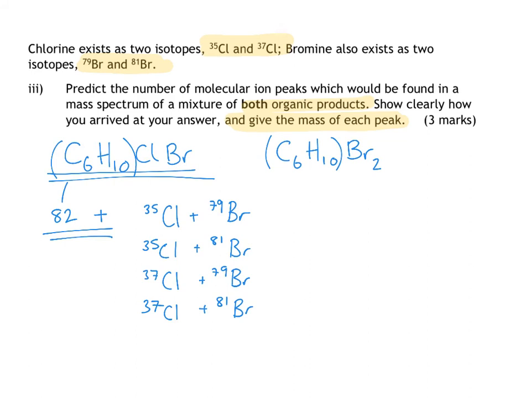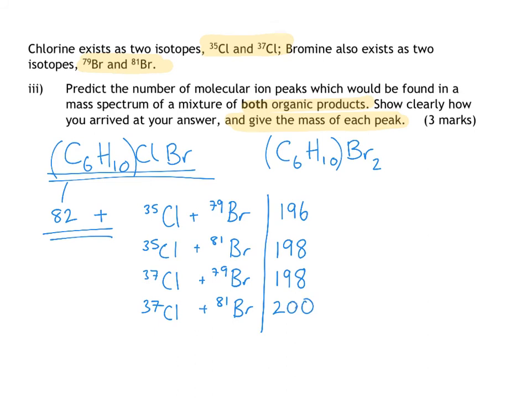If I now add all of those up, and I'm going to add them to the 82 that I originally had, then I get masses of 196 in total. The next mass is just going to be 2 more, so it's going to be 198. The next one is also going to be 198 because adding 35 and 81 is going to give me the same as adding 37 and 79, and the last one will have a mass of 200.